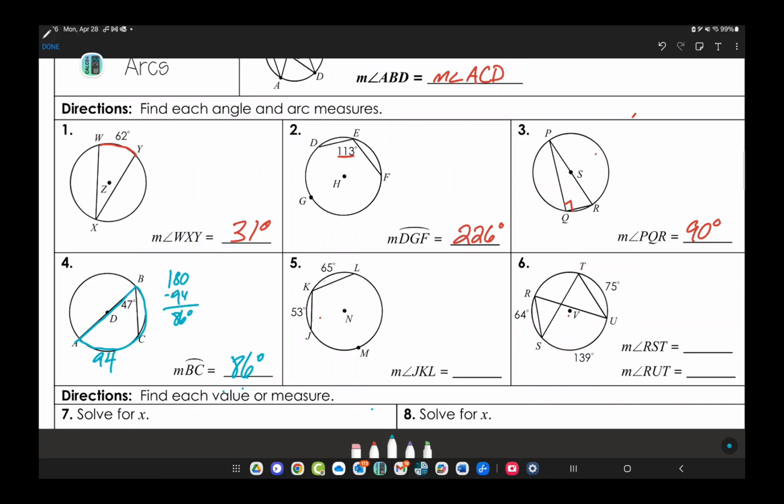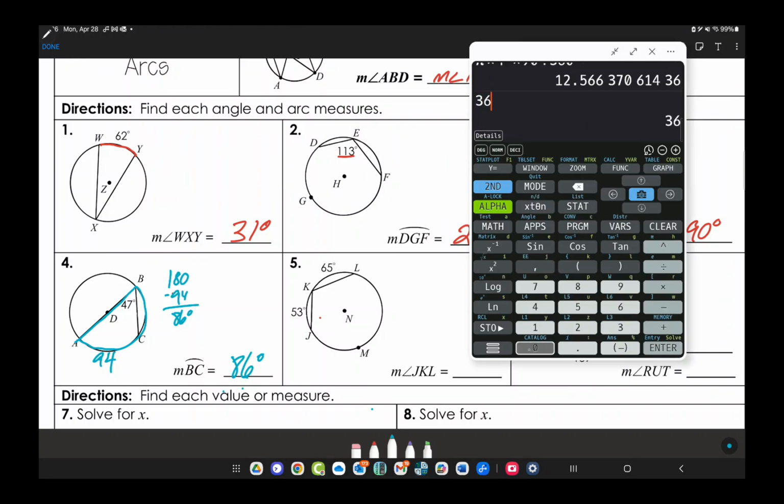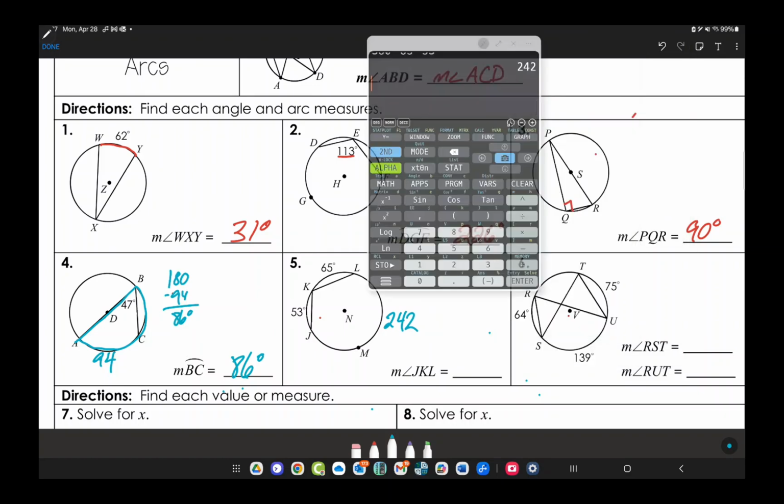Since this inscribed angle, LKJ, is half of arc LMJ, we take 360 and subtract the remaining arcs, 65 and 53, to get 242. Half of that is 121.